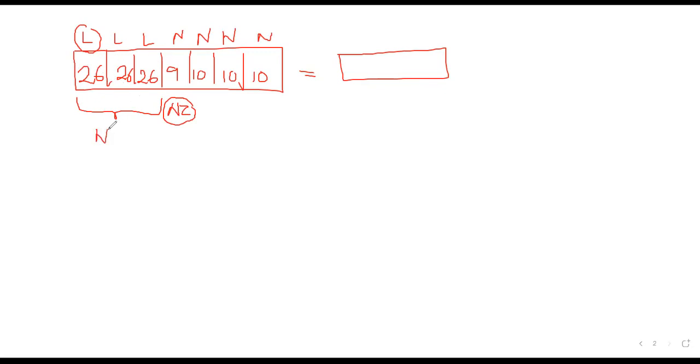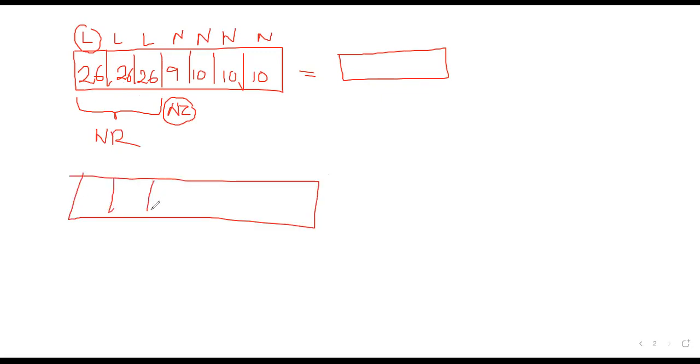No repeating. So meaning, if they're not repeating, we're going to have the first 3 letters here, 1, 2, 3, then 1, 2, 3, 4 for the numbers. Letter, letter, letter, number, number, number.